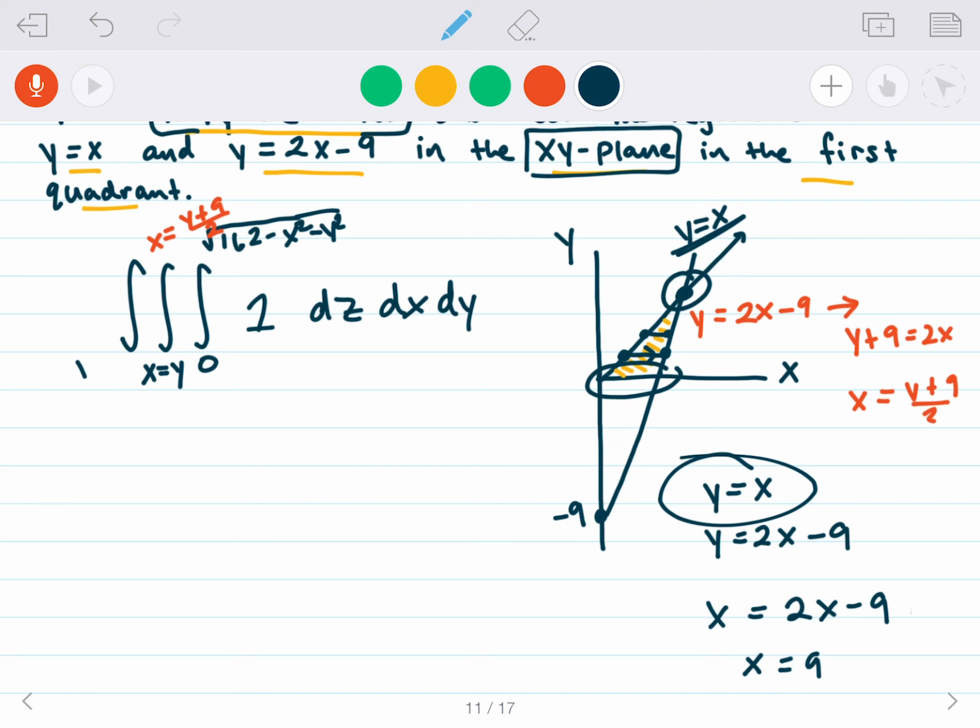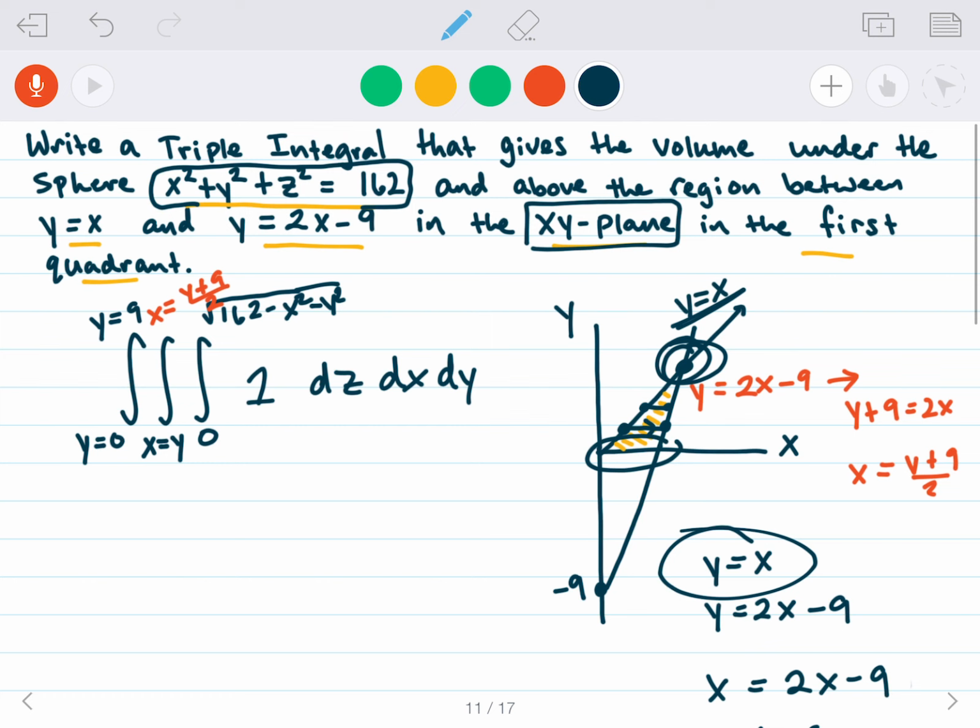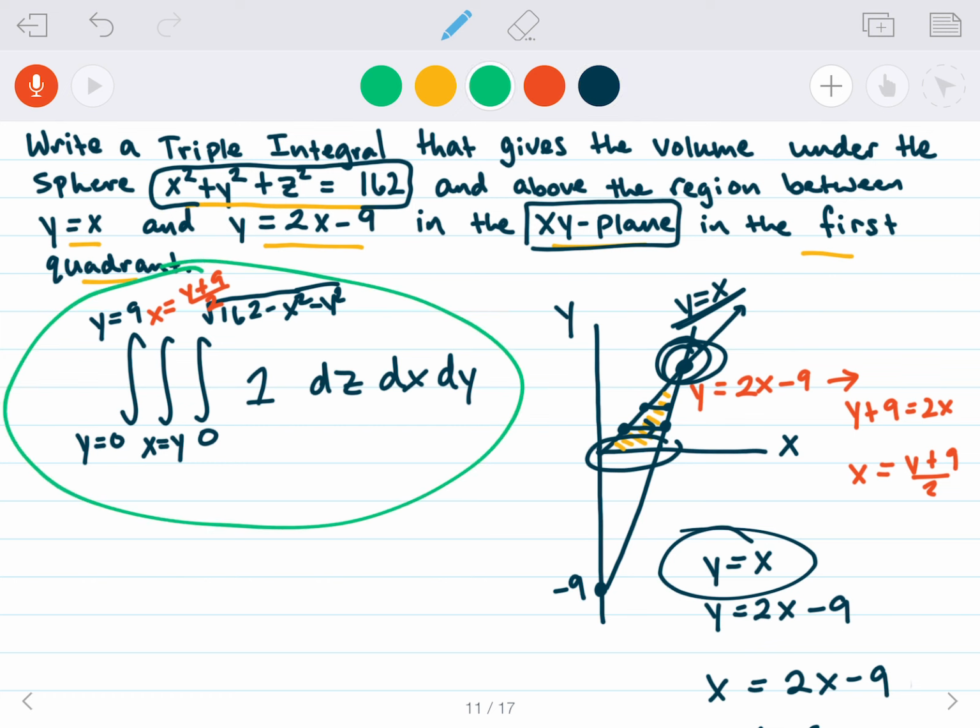So I'm going from y equals 0 all the way up to y equals 9. It didn't ask me to evaluate this triple integral. The hard part is to just write the bounds down. So those are my bounds. We did z first, followed by x, and then followed by y after that.